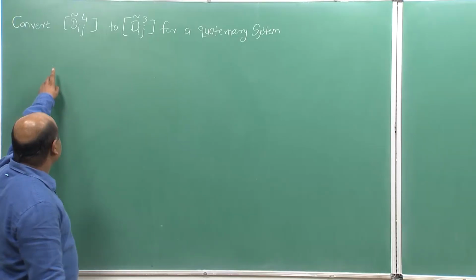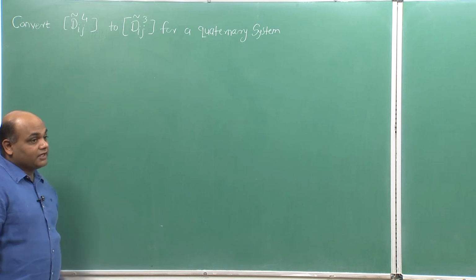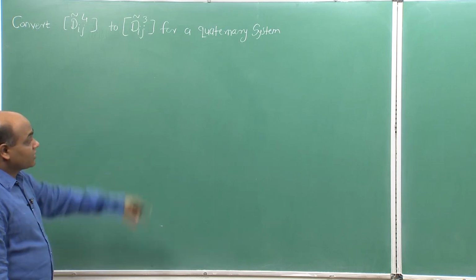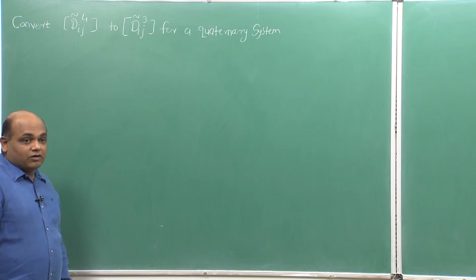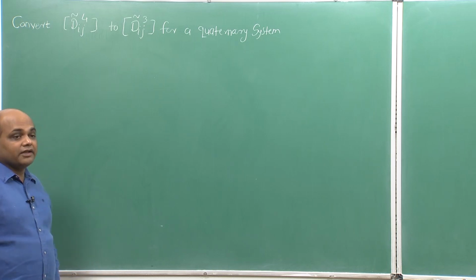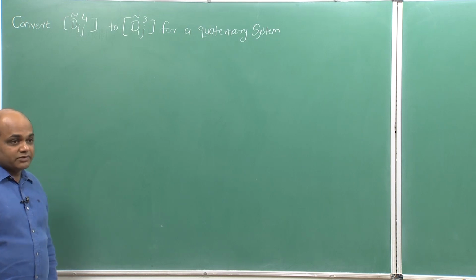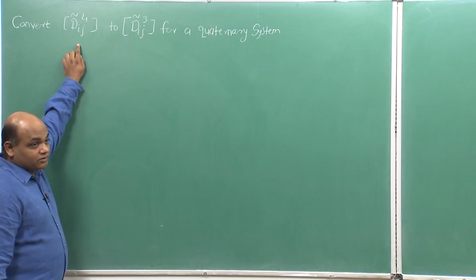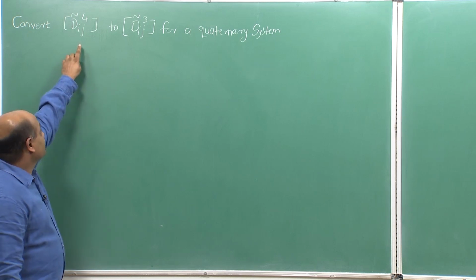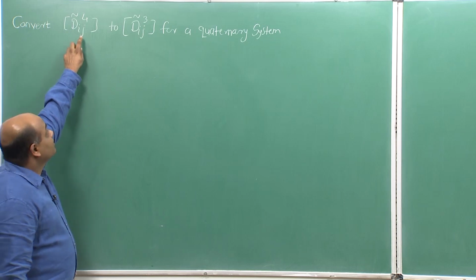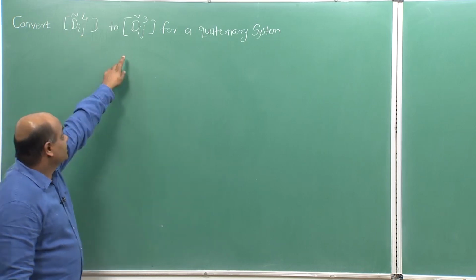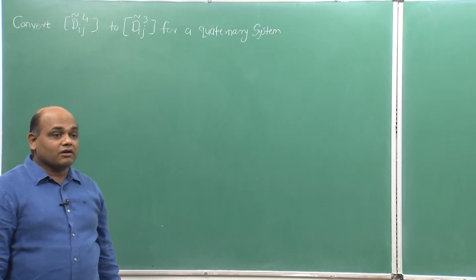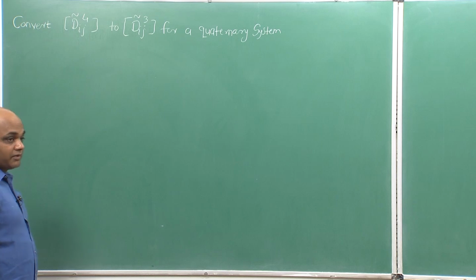The problem is you have to convert Dij tilde superscript 4 to Dij tilde superscript 3 for a quaternary system. A quaternary system means we have 9 independent interdiffusion coefficients at any given composition. Dij tilde 4, as you know, denotes the set of interdiffusion coefficients with respect to component 4 as dependent. Dij tilde 3 is the set of interdiffusion coefficients with respect to component 3 as the dependent component.